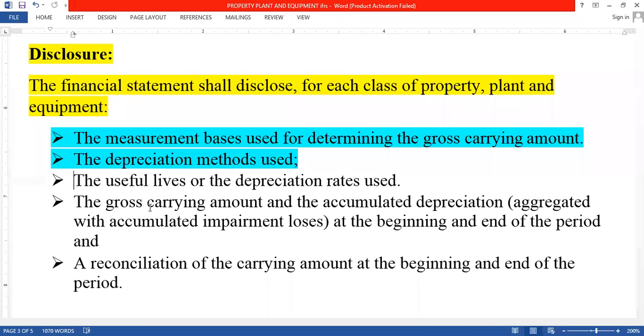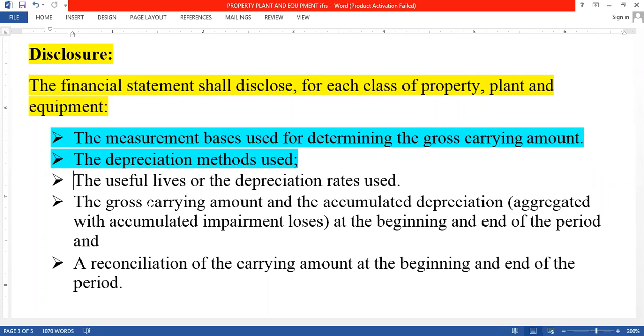Many organizations use different depreciation methods: straight line method, diminishing balance method, annuity method, revaluation method, and so on. Whichever depreciation method your organization uses, you should disclose it in your financial statements.